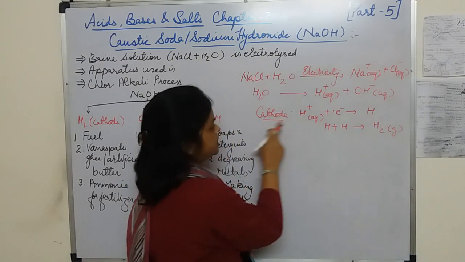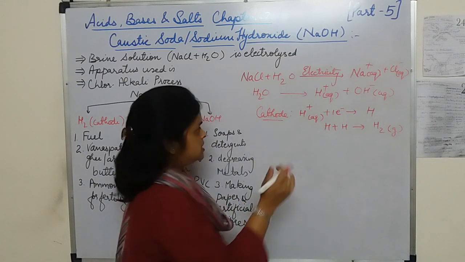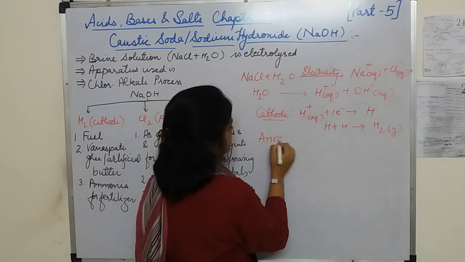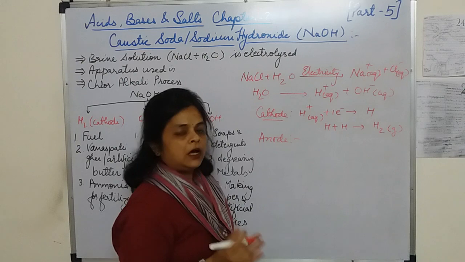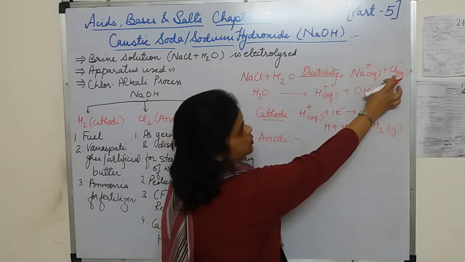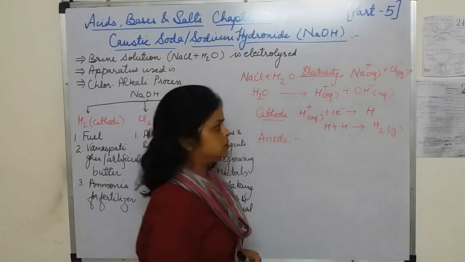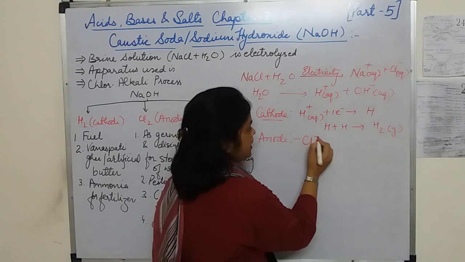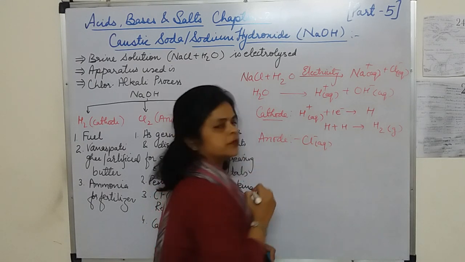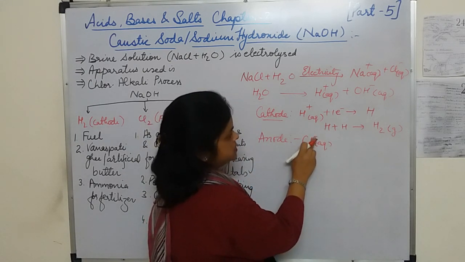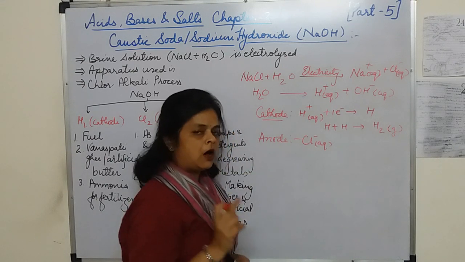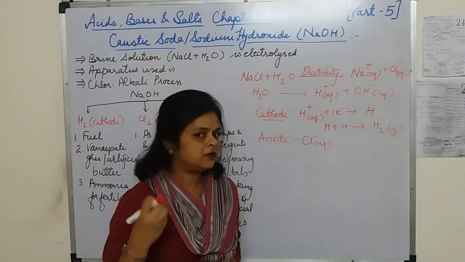So which gas is formed at the cathode? Hydrogen gas. Similarly, at the anode, we are going to have either chloride ions or hydroxide ions. Here the chloride ions reach. Now this chloride ion has a -1 charge. How is the -1 charge acquired? By taking one electron.